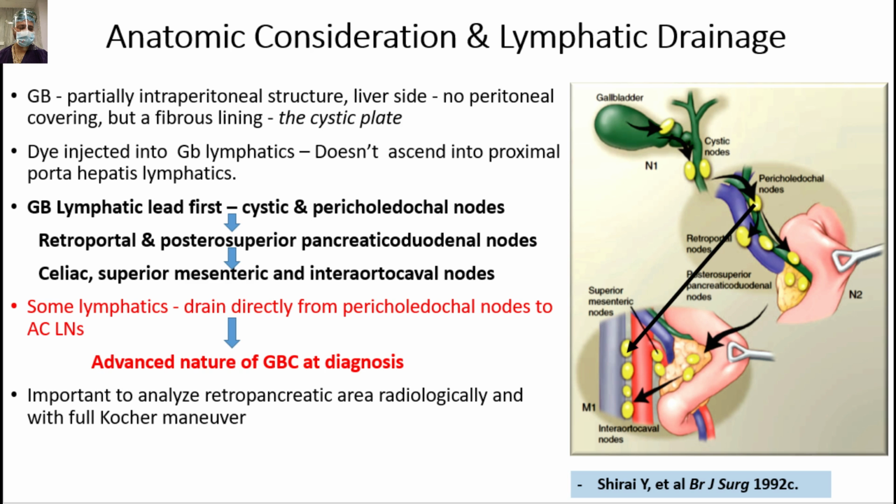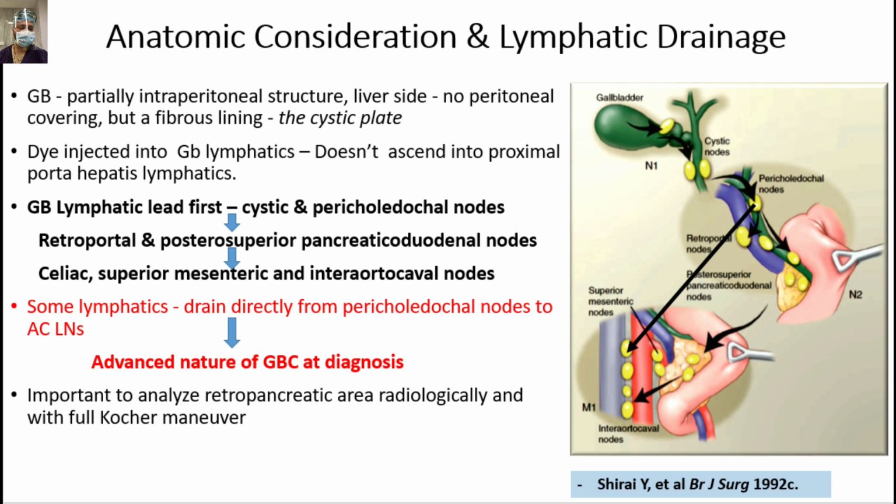Friends, when we inject a dye into the GB lymphatics, there is no proximal migration. There is generally an orderly migration of this dye, that is lymphatics, from the GB lymphatics firstly to cystic and pericholedochal nodes. There you can see the curved arrows. From there to retroportal and posterior superior pancreaticoduodenal nodes.